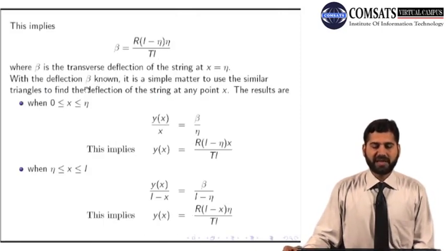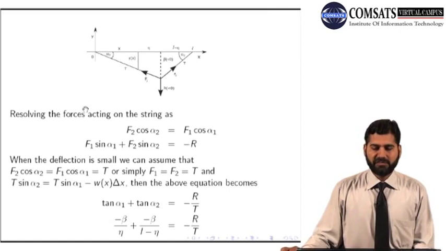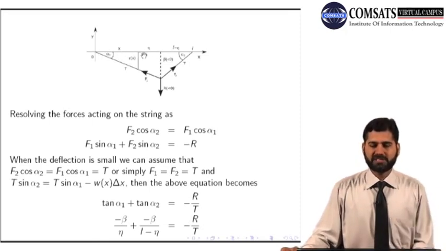All right. With the deflection beta known, it is a simple matter to use similar triangles to find the deflection of the string at any point x. Now if beta is known to you, you can find the deflection at any other point x. If your x is between 0 and eta, you can find this deflection by using similar triangles.